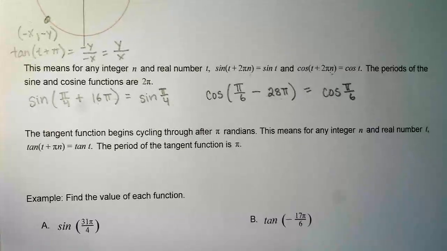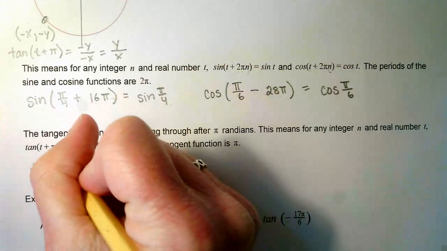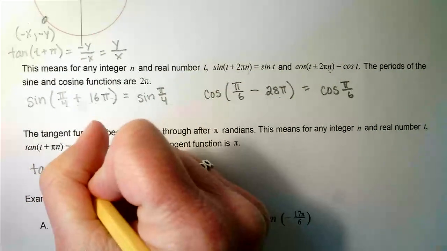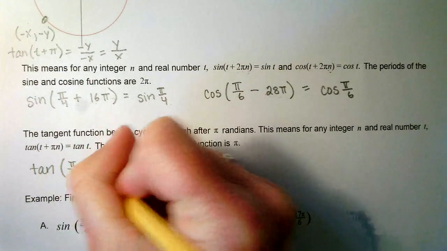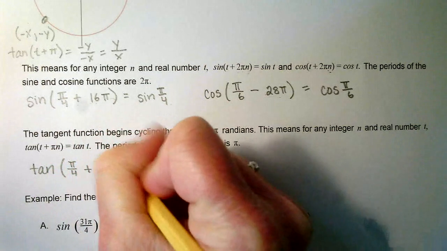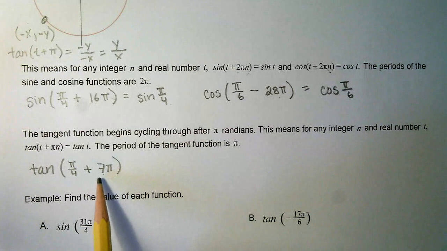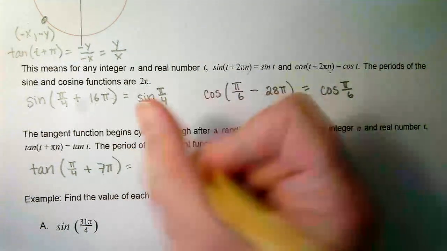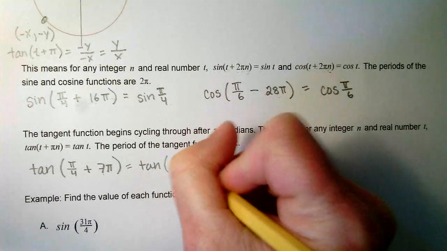So what that means is if we have the tangent of pi over 4 and I add 7 pi, as long as you have an integer multiple of pi, this is just going to be equal to the tangent of that first value.